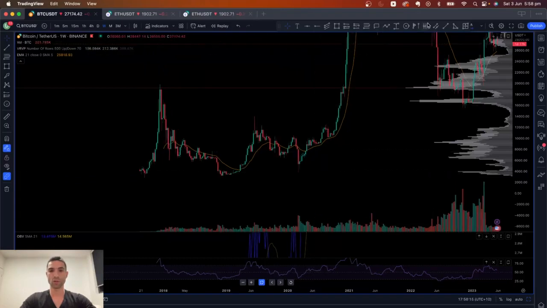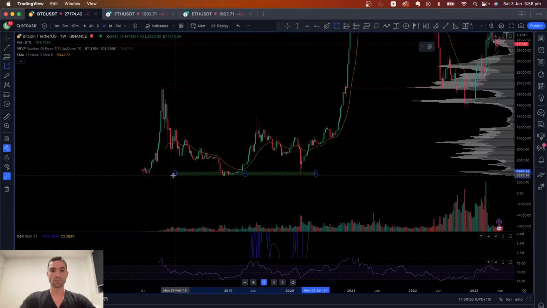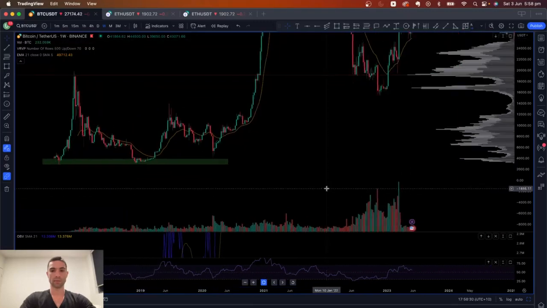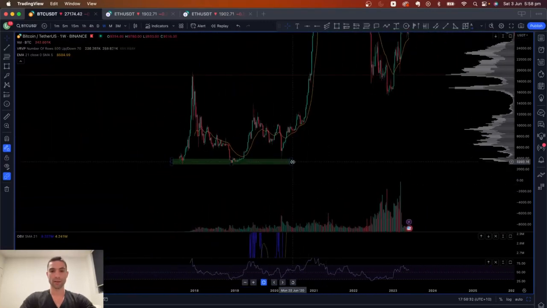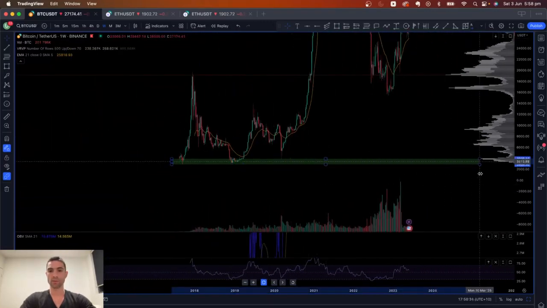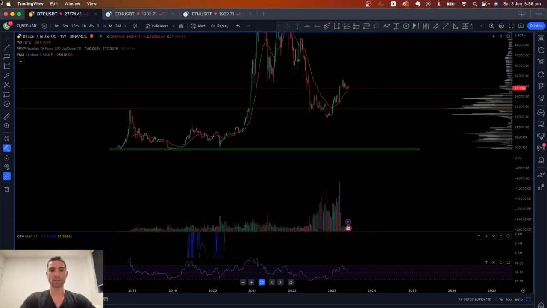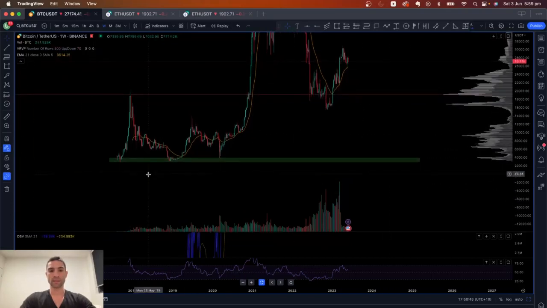Some people like to draw lines. I draw an area because it's not always exactly the same. It's just an area where the price starts to move, turn around. So let's draw this area. And if you want, you can drag it across so it covers the current price point. This is a major support zone because this can be seen on the weekly and it's respected many times.